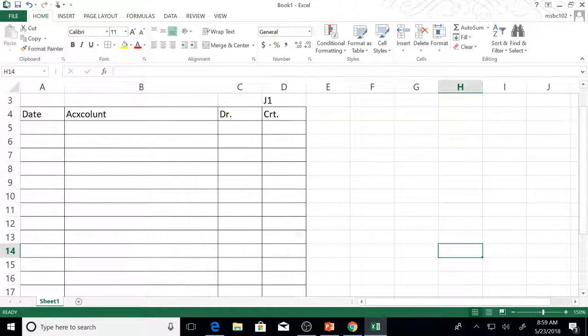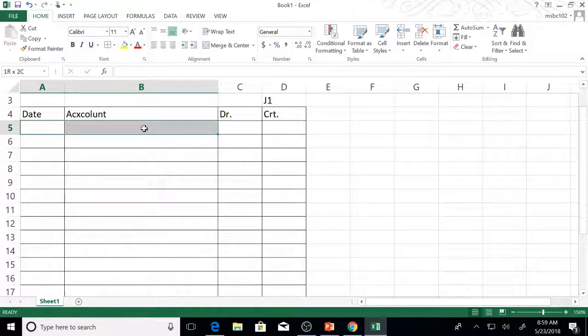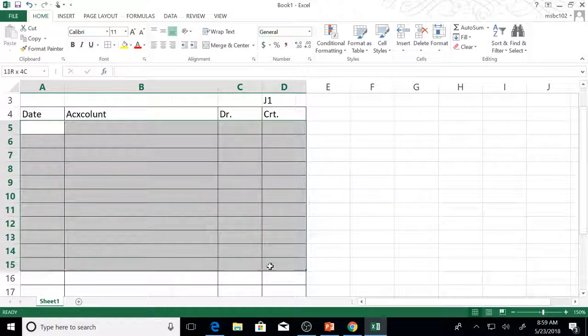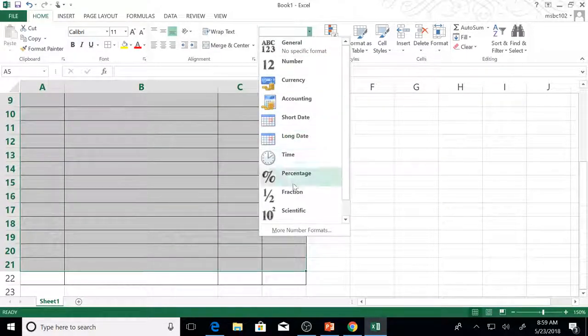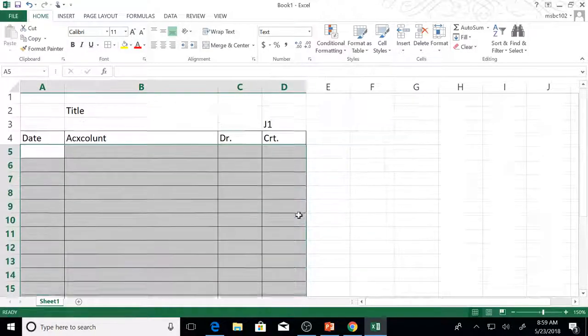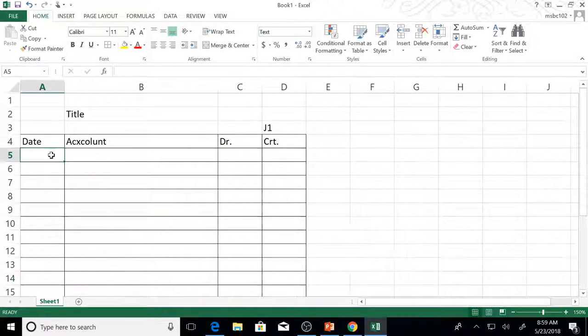So how do I record that on the general journal? I have to put the date first. Which date is it? July 1st. Usually they make the journal look fancy.